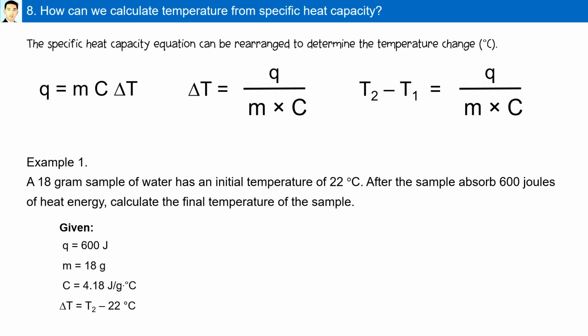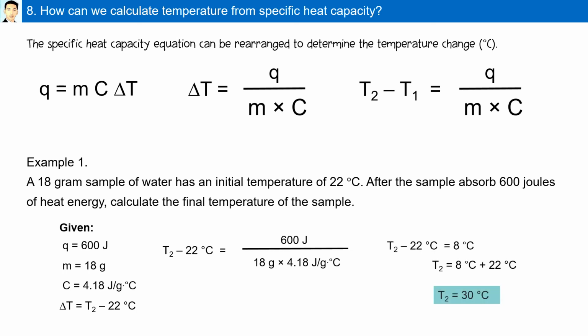Here the given, Q is the heat, 600 joules, mass is 18 grams, the specific heat capacity of water is 4.18 joules per gram degree Celsius, and the temperature change is T2 minus the initial temperature, 22 degrees Celsius. Substituting into our formula, we have the final temperature as 30 degrees Celsius.